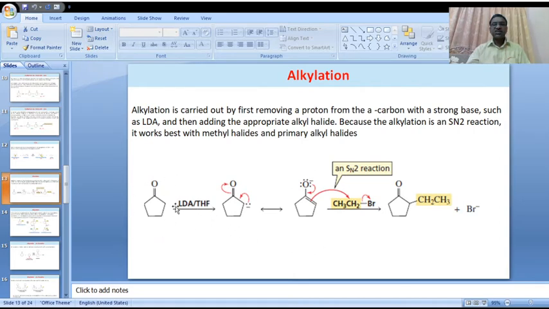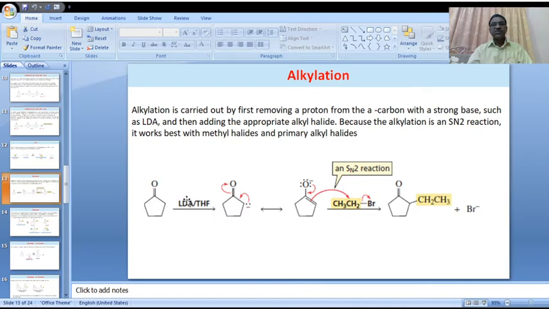Here this is the starting material, cyclopentanone. This is a 5-member ring we are using. In the last reaction we used a 6-member ring. Instead of that we are using a 5-member ring here, and then this 5-member ring in the presence of LDA and tetrahydrofuran.